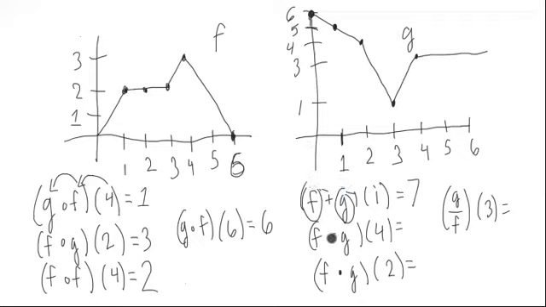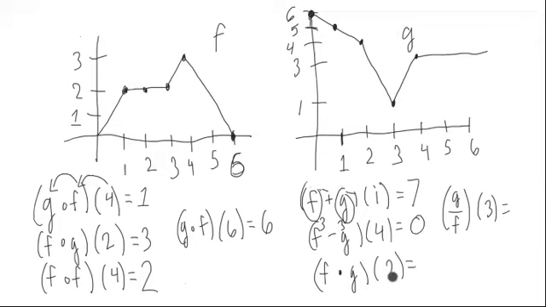All right. What about this one? f minus g of 4. So we're putting 4 into both g and f. So 4 goes into g. It outputs 3. And then 4 goes into f and outputs 3 as well. So it looks like it outputted 3 for both of them. So 3 minus 3 is just 0.